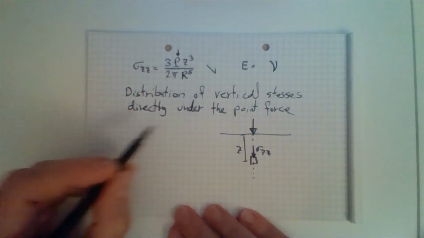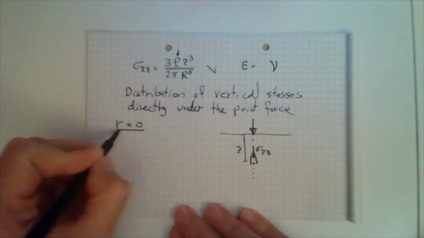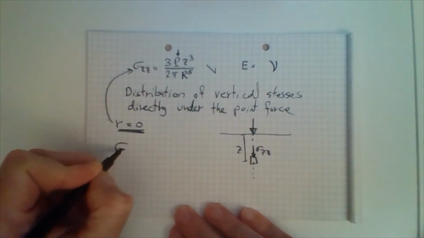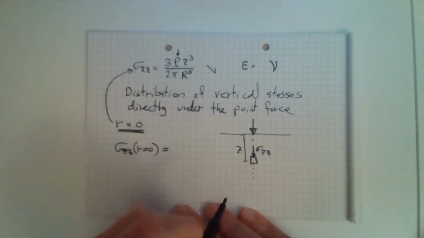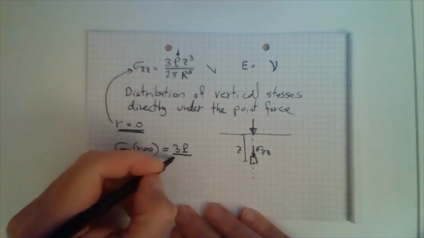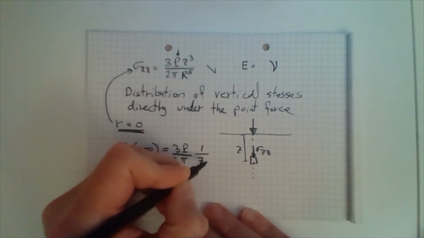In order to calculate this, we just insert r equal 0 into the above expression, and we end up with sigma zz for the special case of r equals 0 to be 3 times P divided by 2 pi, and then 1 over z squared.